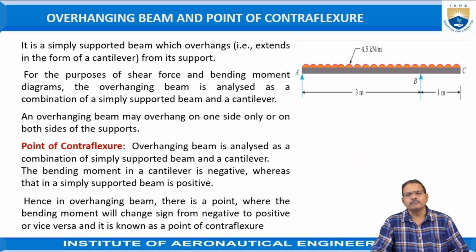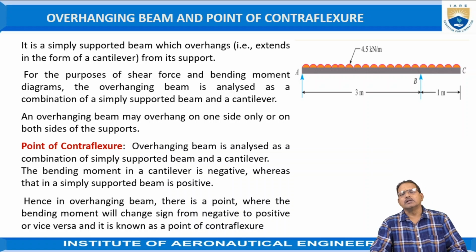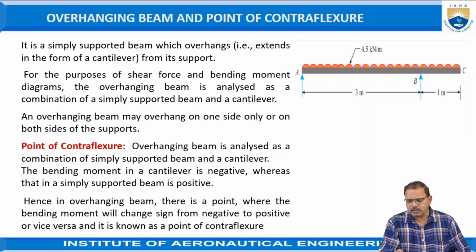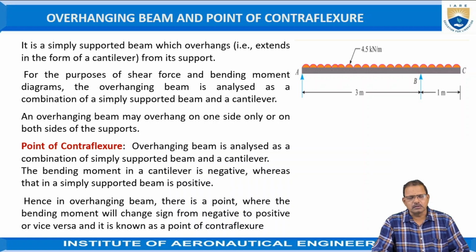Now, the overhanging beam and point of contraflexure. The overhanging beam is treated as a combination of simple supported beam and cantilever beam as shown in the figure. For the purpose of shear force and bending moment diagrams, the overhanging beam is analyzed as a combination of simple supported beam and cantilever beam.